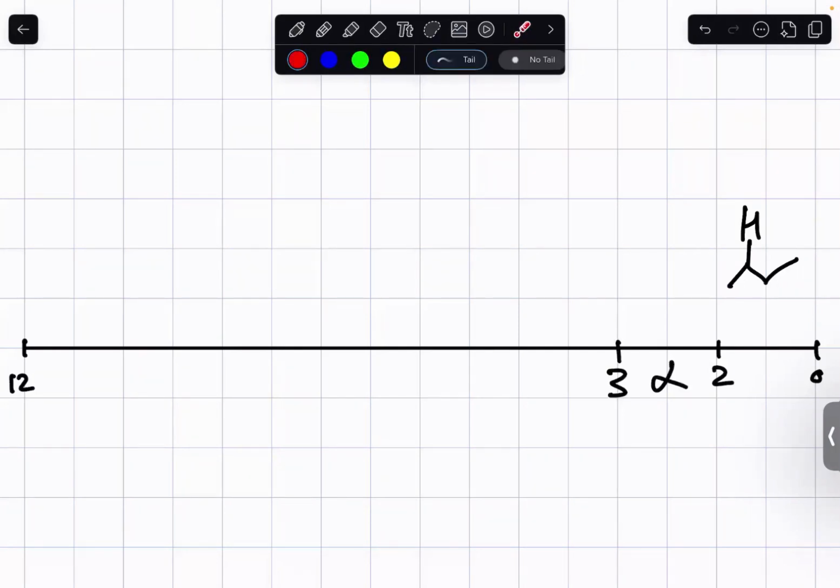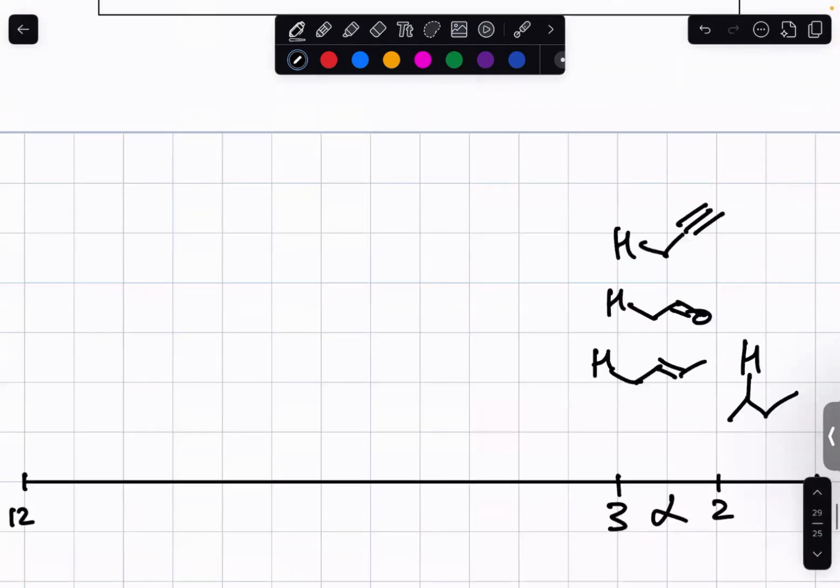This is the region that is very sneaky, because those hydrogens there are going to be on the alpha carbon of some pi bond, or it could even be a terminal alkyne hydrogen. That's the weird one. So all of these carbons here in red are alpha carbons.